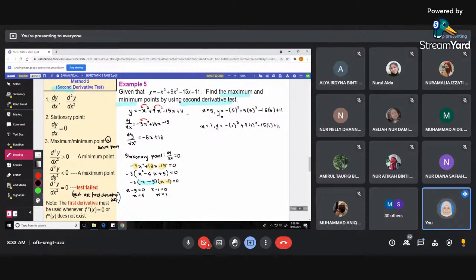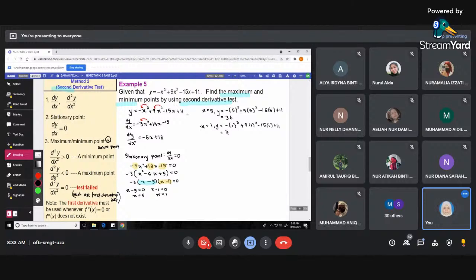Bila X sama dengan 5, Y dapat 36. Betul ke tadi awak dapat? Betul madam. Okey. Kalau X sama dengan 1, Y dapat apa? 4. Betul.